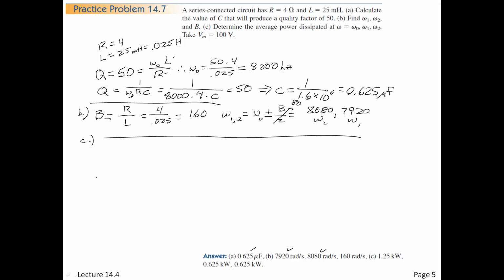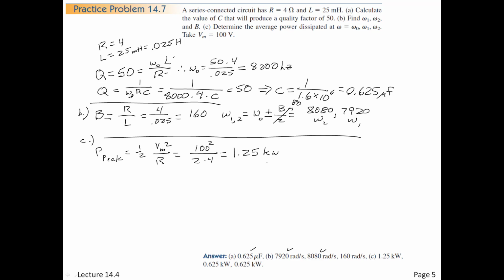Okay, so the peak power, the power at the peak, we derived that a couple slides ago, 1/2 VM squared. Remember, it's all R at this point. So we've got VM squared, so 100 squared over 2 times 4. So this is 10,000 divided by 8, which is 1.25 kilowatts.